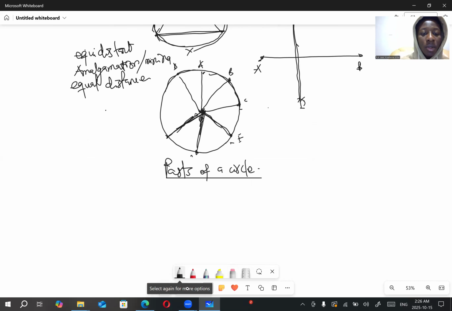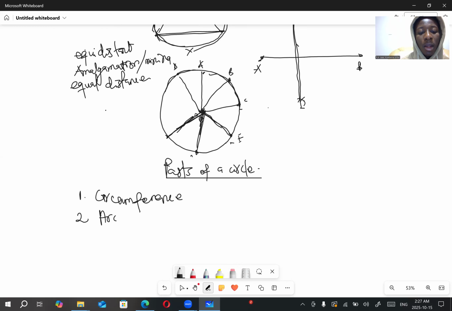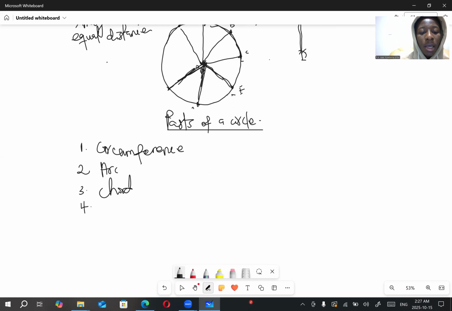So let's look at the parts. Number one, well, I'm not going to discuss all the parts. Some of the parts are used in mensuration. There is a topic called mensuration, but I'll only write the ones we use. So we'll start with circumference. Then number two, we'll look at arc. Number three, chord. Number four, diameter.